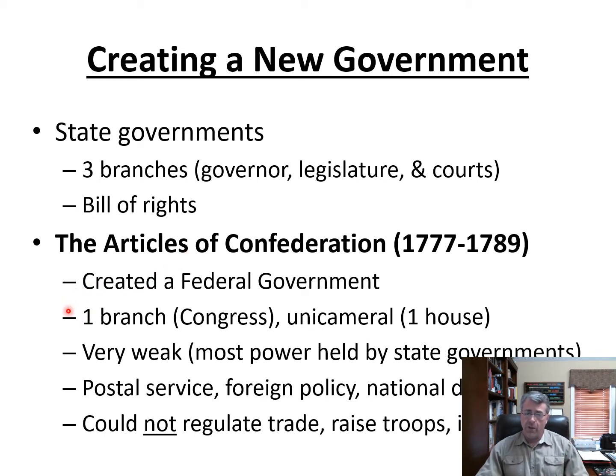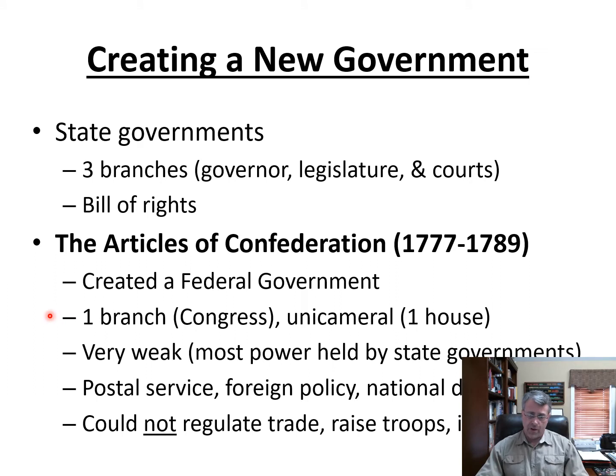Our federal government under the Articles has only one branch, our Congress, and it is a unicameral Congress, meaning only one house, compared to today where there's a House of Representatives and a Senate, a lower and an upper house. This Congress underneath the Articles of Confederation has only one house. So at the federal level, government is quite a bit different than it is today.